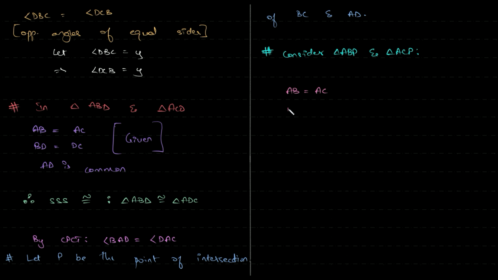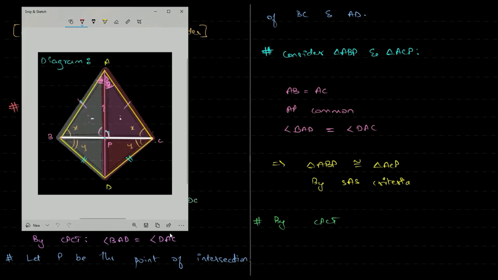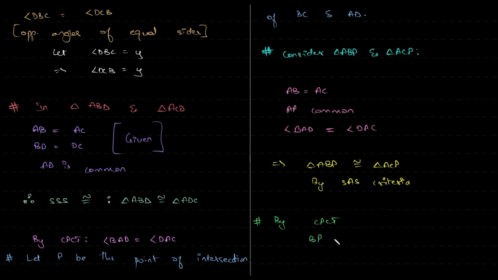Then we have AP as common. And we have angle BAD is equal to angle DAC. And this implies triangle ABP is congruent to triangle ACP by SAS criteria. And now we can tell by CPCT that we have BP is equal to PC. This implies P is the midpoint.